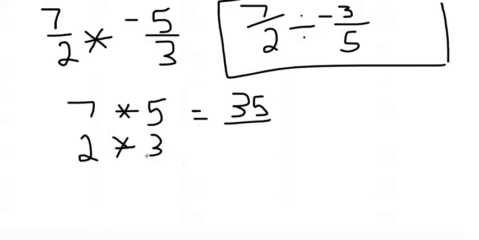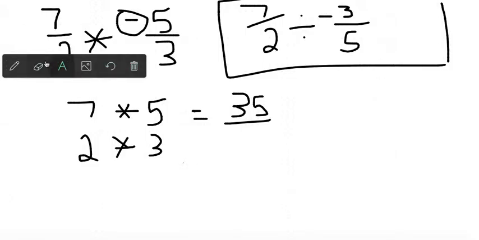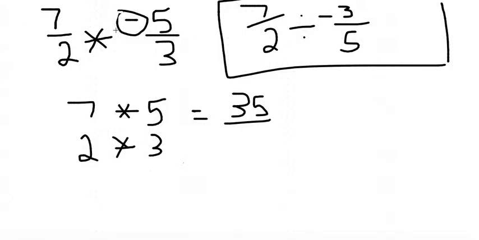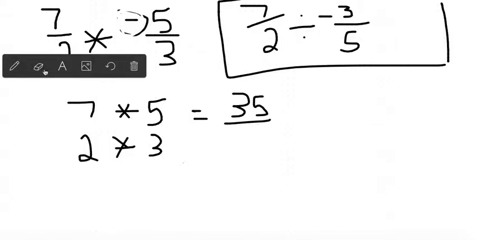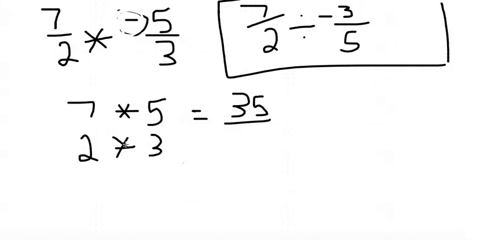Note that we are not using the negative sign yet, only when we get the final answer. Okay. Now, after we do that, sorry, my handwriting is kind of weird, 35 over 6.